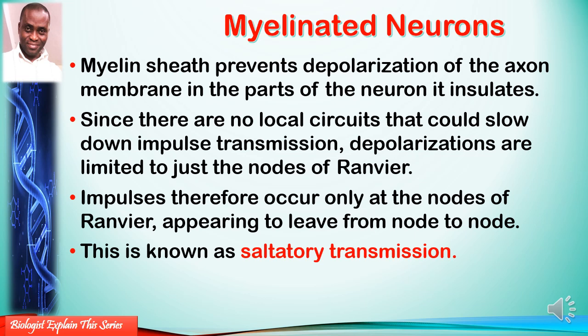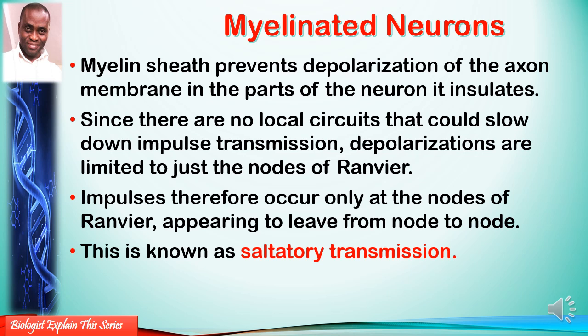That's the picture I'd like you to visualize as you think about what I've been discussing on the impact of myelination in increasing the speed of an action potential. So remember, the concept of this slide is saltatory transmission, the impulse leaping from node to node, because local circuits that could have caused delays along the neuron do not exist, or are circumvented by myelination, that is, the insulation of certain regions.